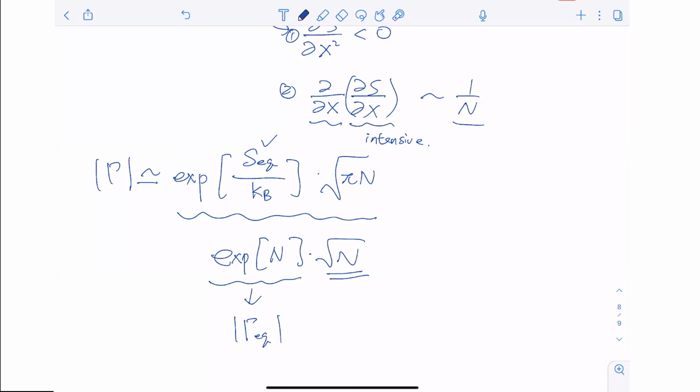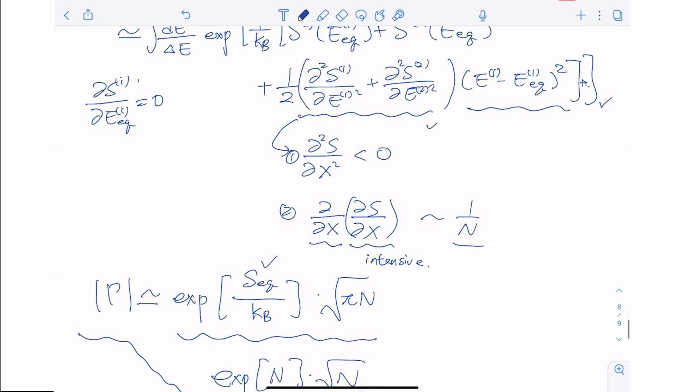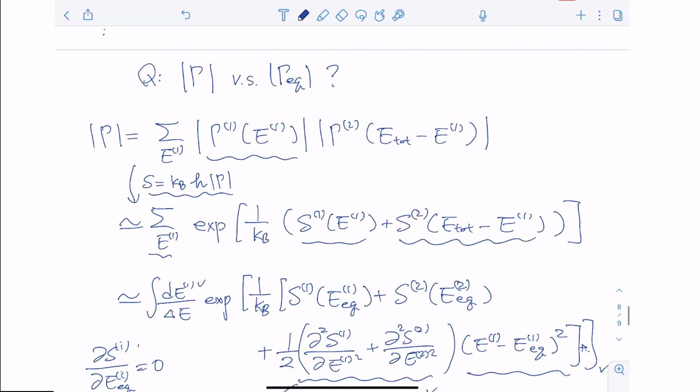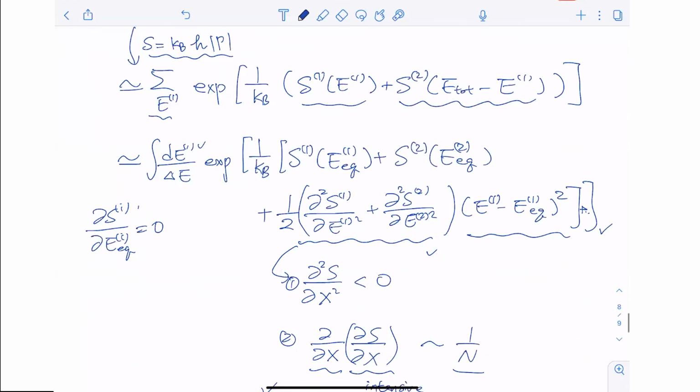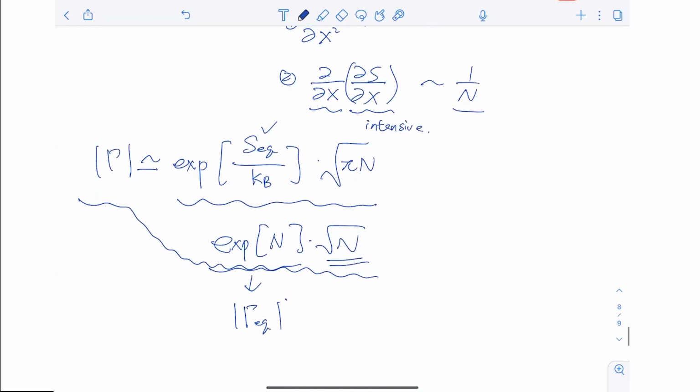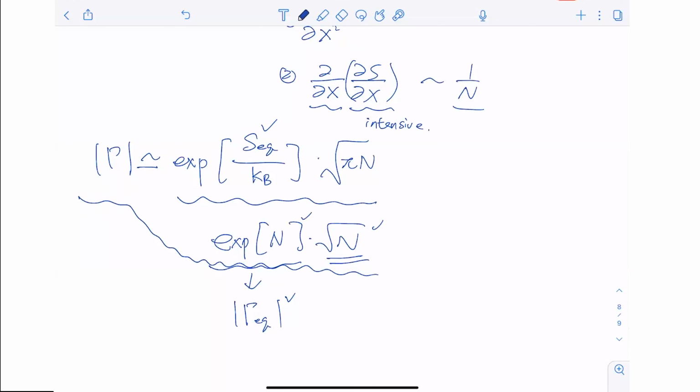From this expression, we can see that the accessible phase space volume, if we consider all the energy, and the phase space volume where we only consider the equilibrium configuration, are different. Or maybe I can say the phase space volume with all the energy is larger than the equilibrium one, but it is not much larger. It is just larger by the power of square root of n. So to some extent, the leading order contribution is still this exponentially large factor.